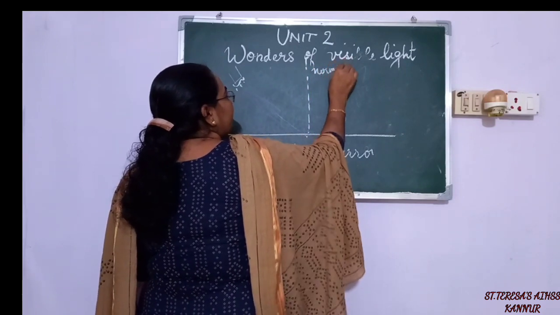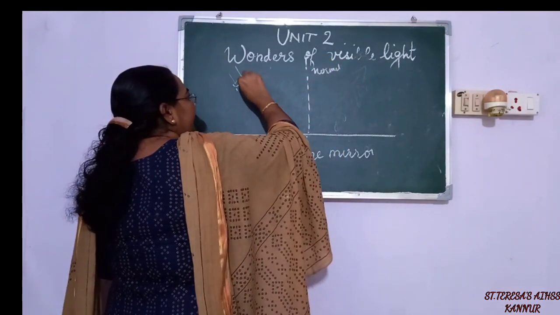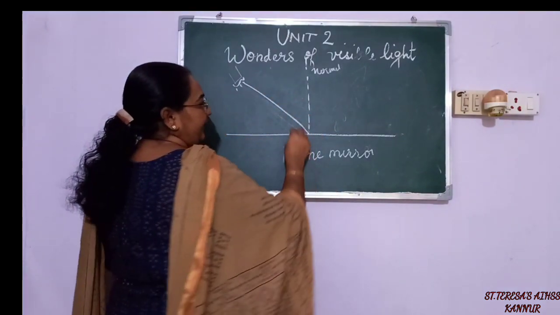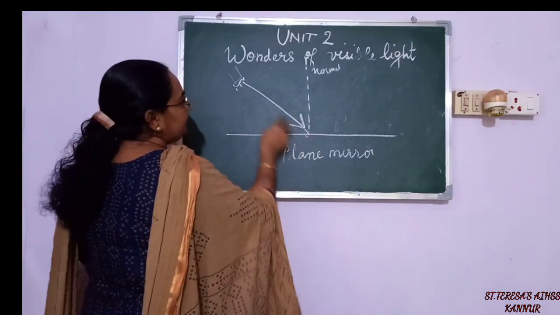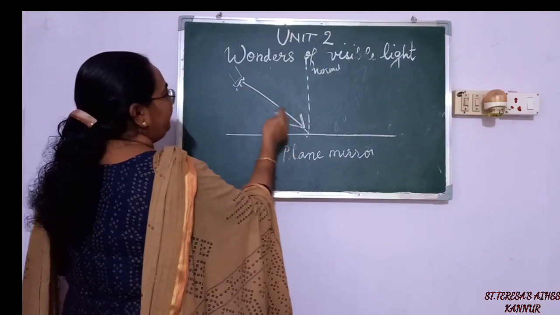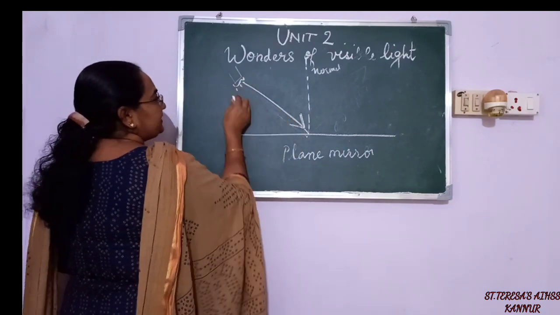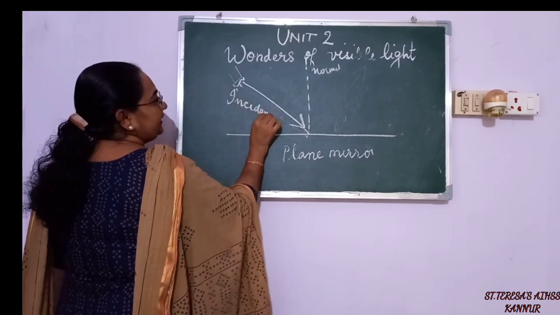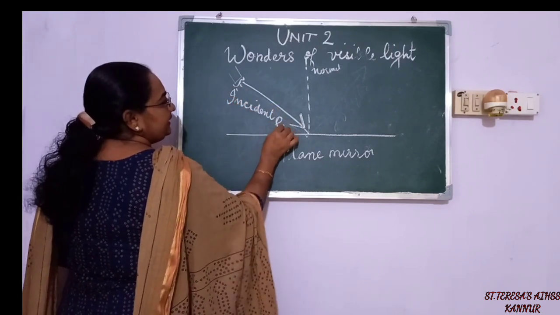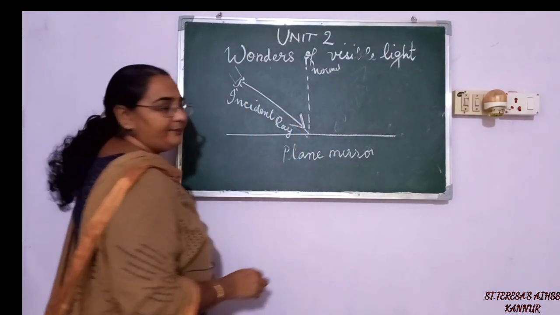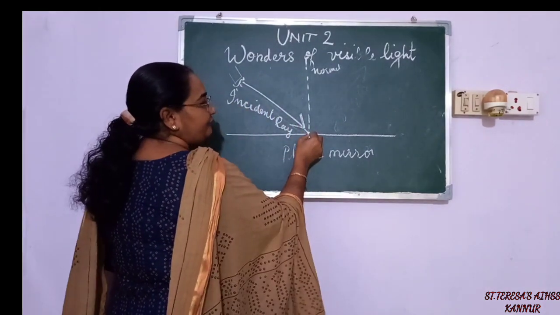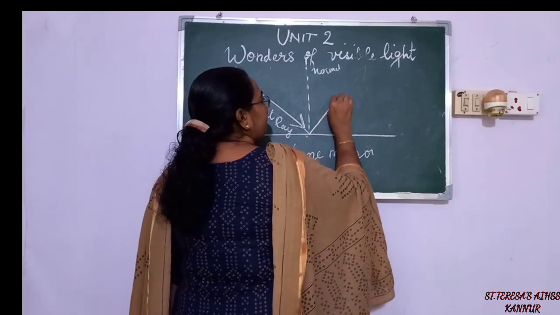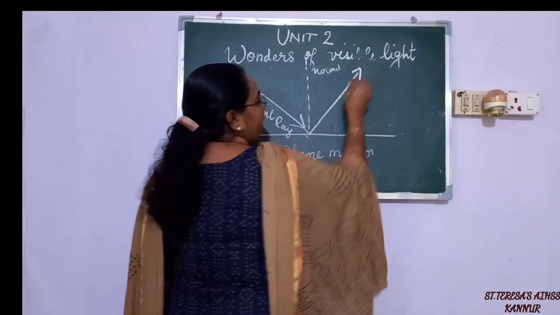I will explain later about it. So the ray of light from the torch comes and touches this normal line here. This ray from the torch which is just coming is called the incident ray. What is the name of that? Incident ray.